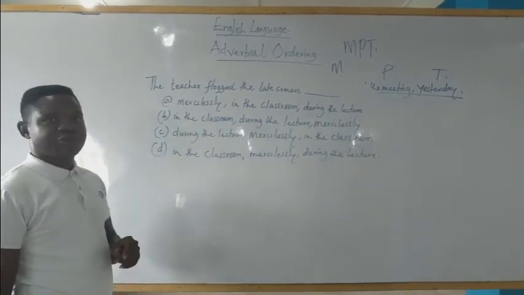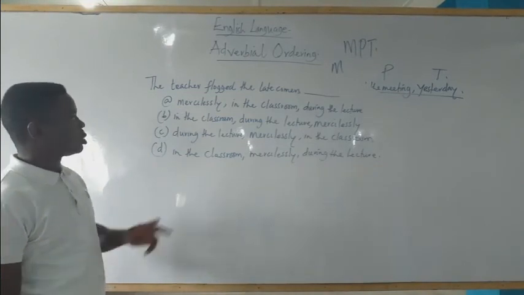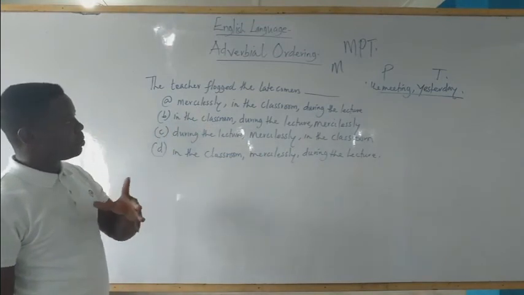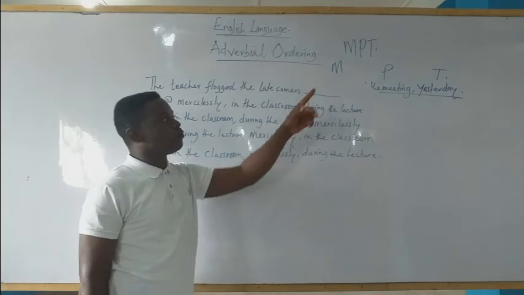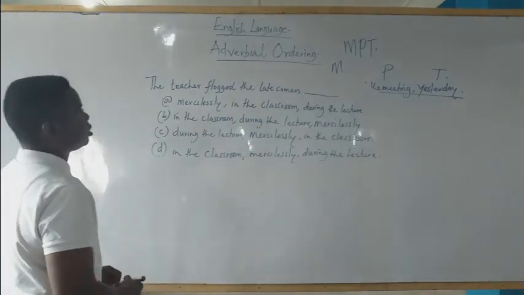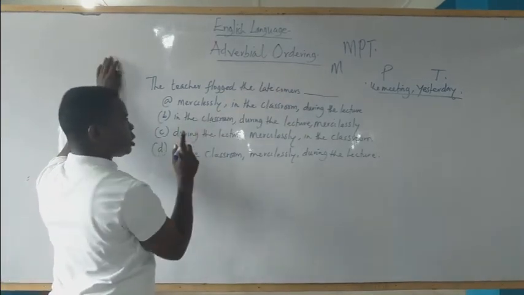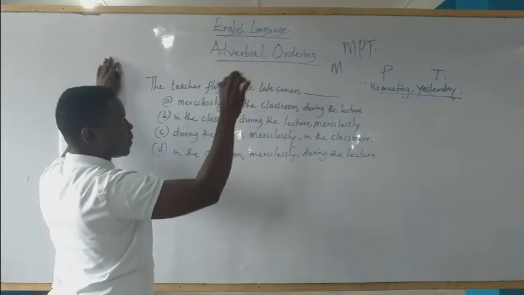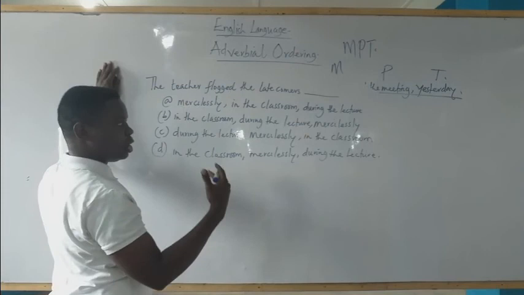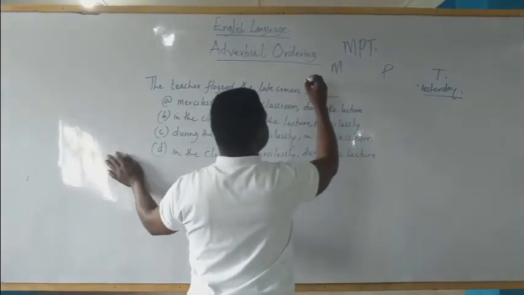The teacher flogged the latecomers dash. We need manner, place, and time as our order of arrangement. The teacher flogged the latecomers. How? Mercilessly. Where? In the classroom. Time? During the lecture. That will be our correct order.